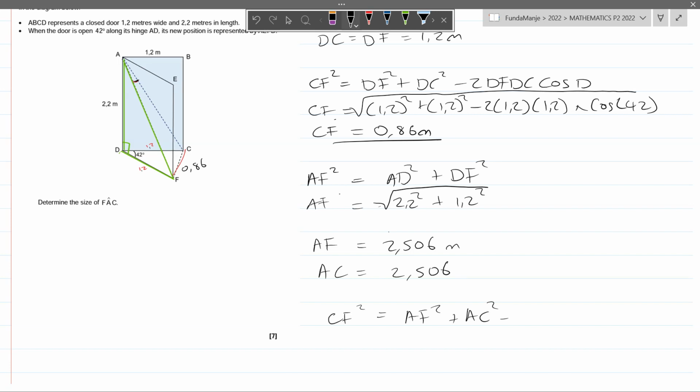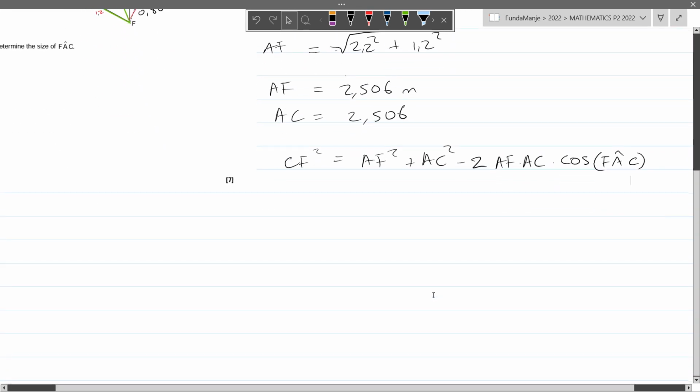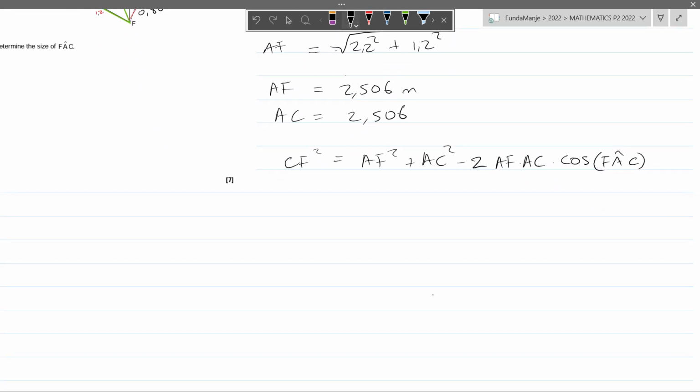So at this point, minus 2 times AF times AC multiplied by cos of the angle in question, which you can call angle A for now, but it's angle FAC. Then what we can do is make cos FAC the subject of the formula to get cos FAC alone on one side.